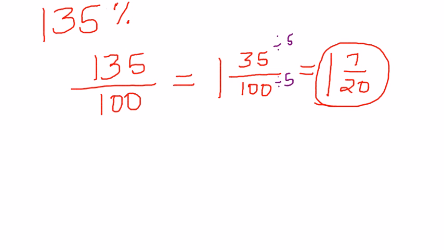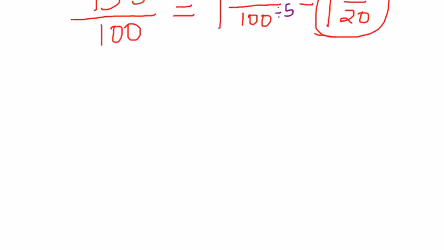Okay, now what if I want to change a fraction to a percent? For example, if I have 2 3/4, and I want to make that a percent, the first thing I'm going to do is change the mixed number 2 3/4 into an improper fraction.